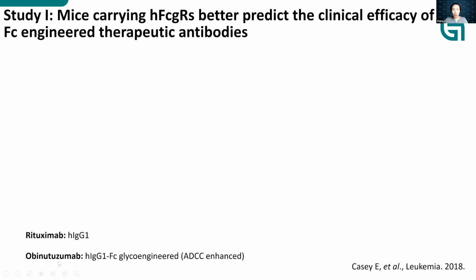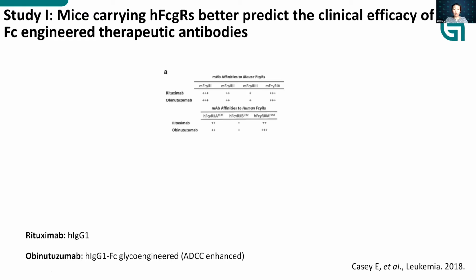The obinutuzumab, though, also has a human IgG1. However, its Fc terminal has been enhanced by glycosylation. So it's engineered to have glycosylation on the polypeptide, and that modification is going to enhance the engagement of the Fc gamma receptor 3A, leading to enhanced ADCC. Here, what is shown is that these two antibodies have very similar binding affinity to mouse Fc gamma receptor.